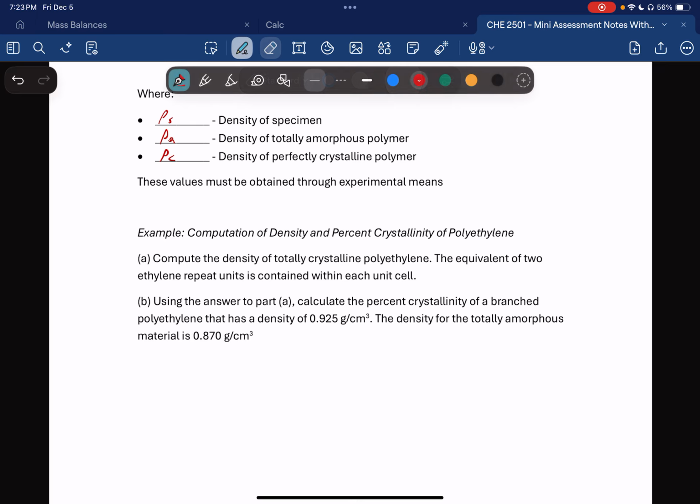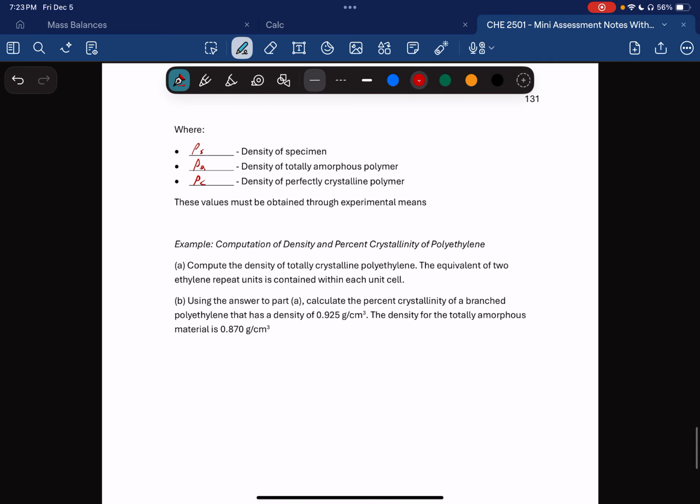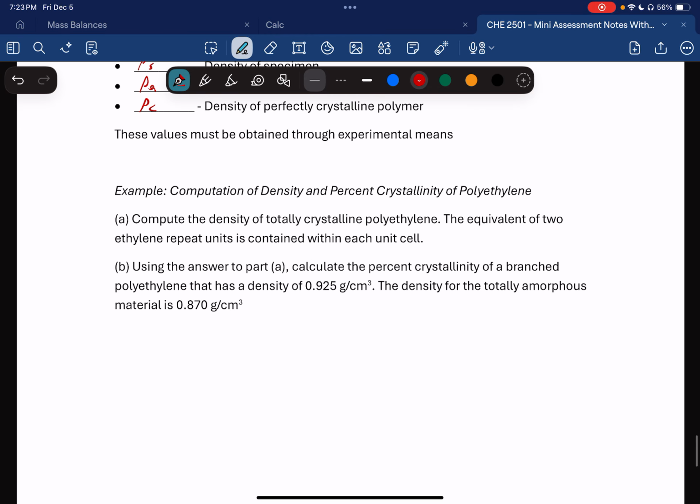So let's get started for this example. The computation of density and percent crystallinity of polyethylene, like we found before the formation of it. So let's try and compute the density here. The equivalent of two ethylene repeat units is contained within each unit cell. It specifies that for us.